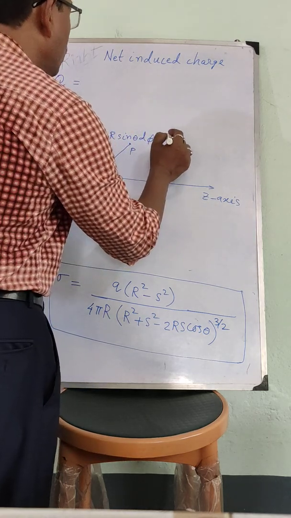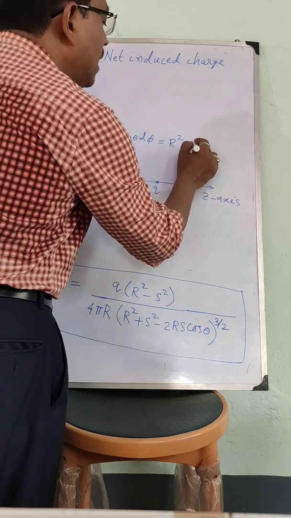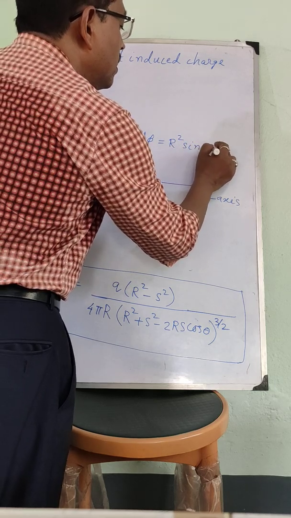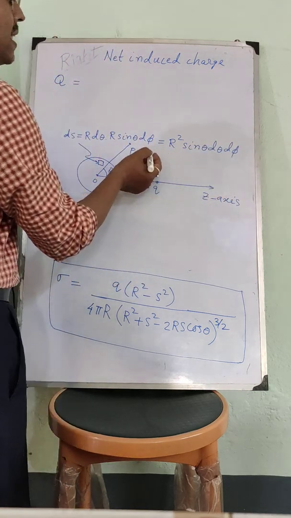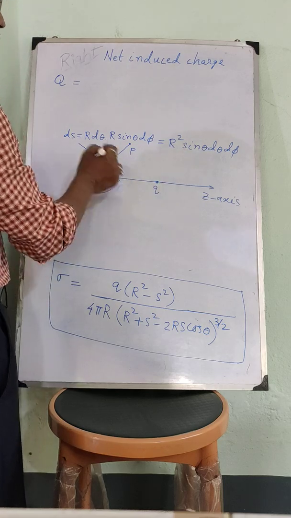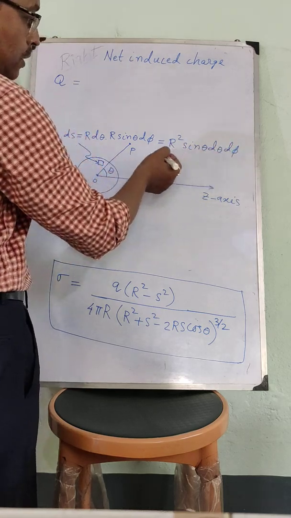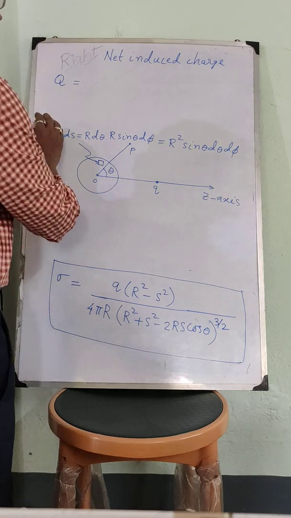So this is equal to R² sin theta d theta d phi. This is the differential area element on the surface of this sphere. We need this expression. Now let us do the integration.